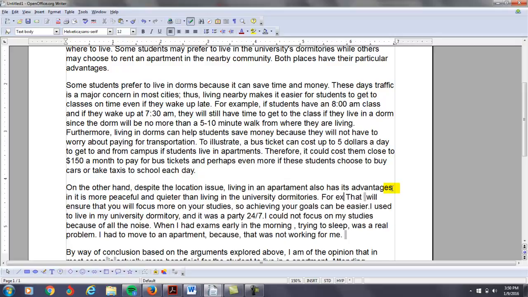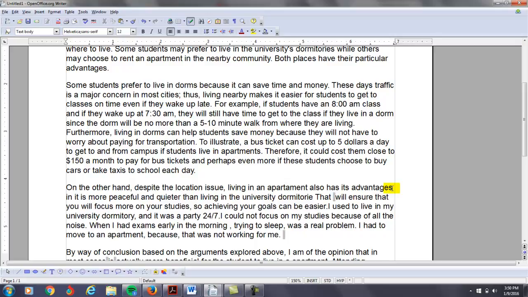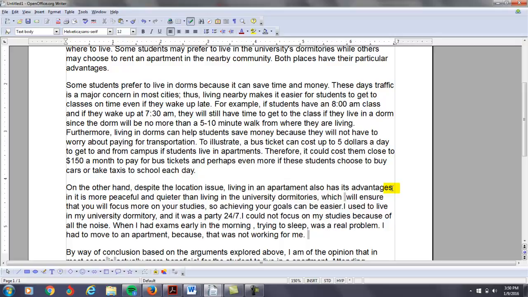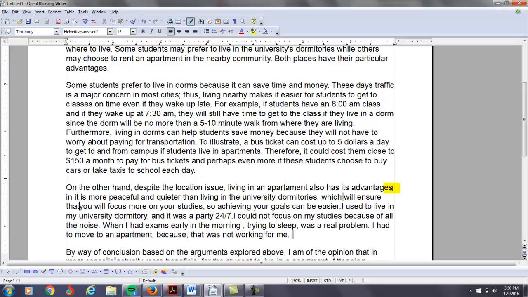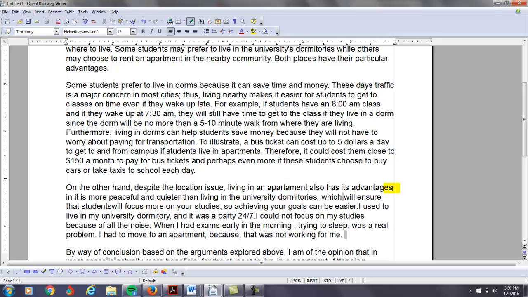So then you might say, what if you said this, which will ensure, instead of you, let's say students. We're trying to be objective here. We're not talking directly to our audience. We're not instructing them. We don't want to be that informal, right? So which will ensure the students will focus more on their studies.